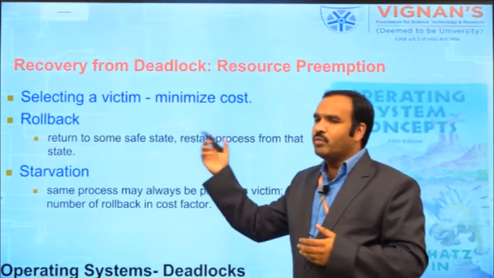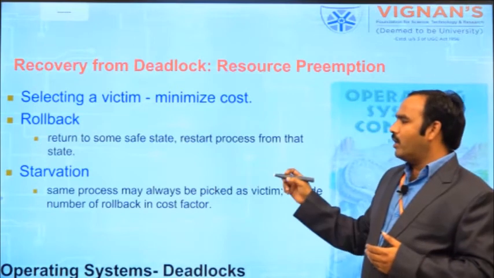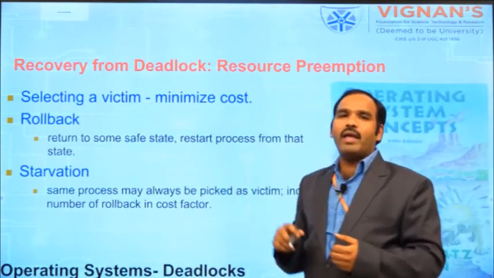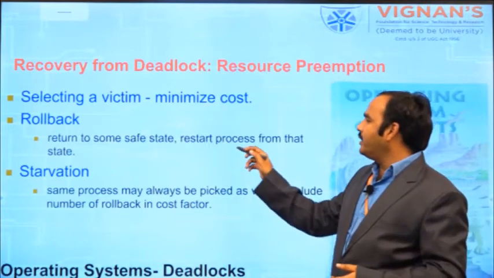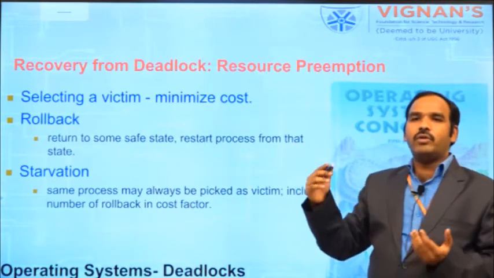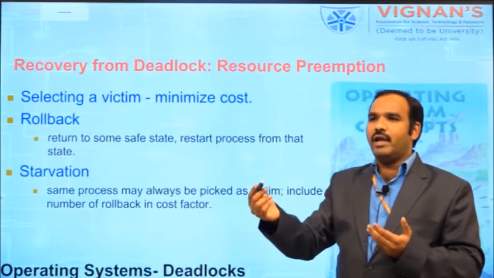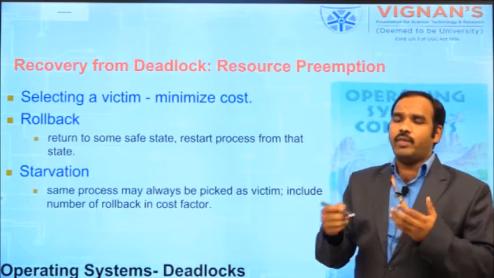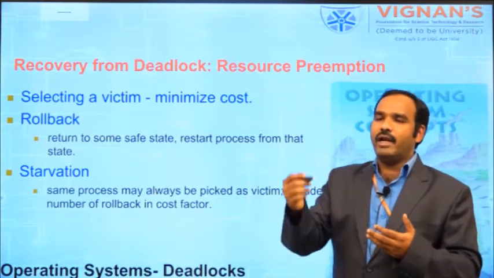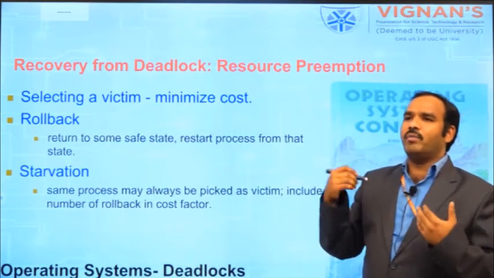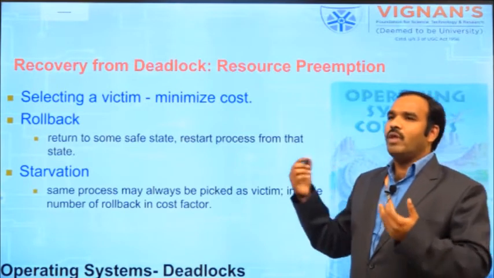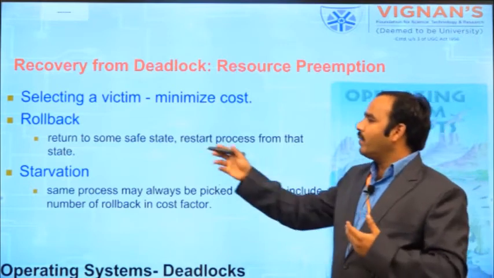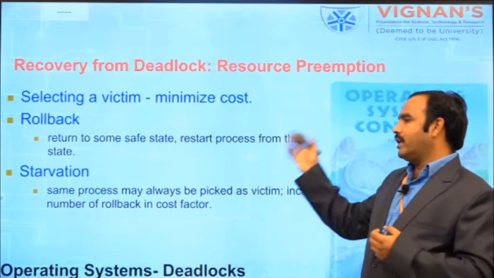When we remove the resources from that process, it cannot continue execution, so you can apply a rollback operation and restart the process from the immediately previous state. The process will then wait in that state until it receives the required number of resources from the system. Once it receives them, the process continues its execution.